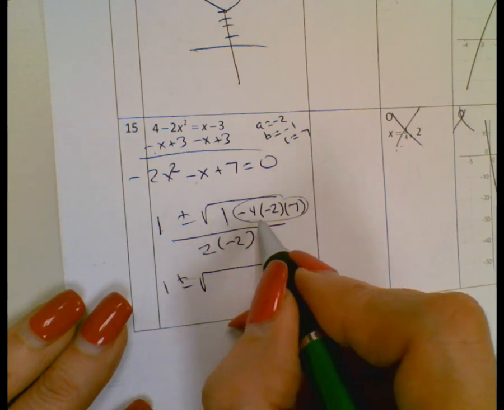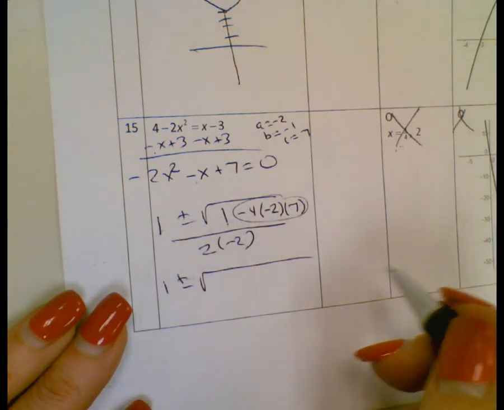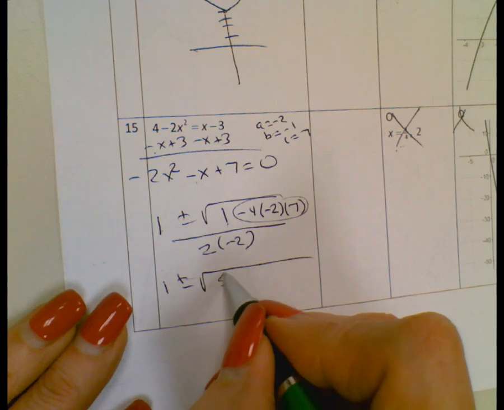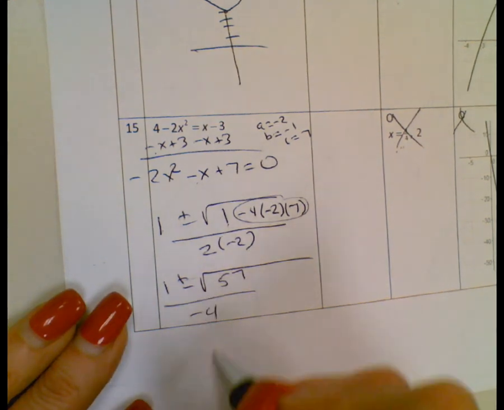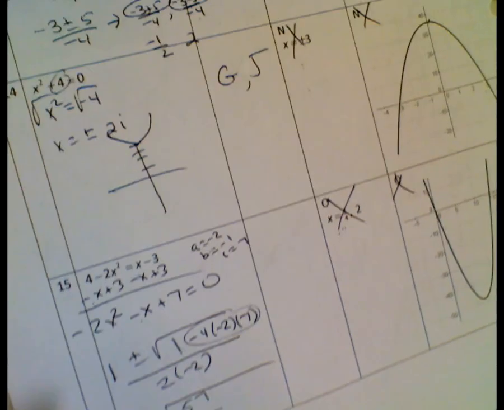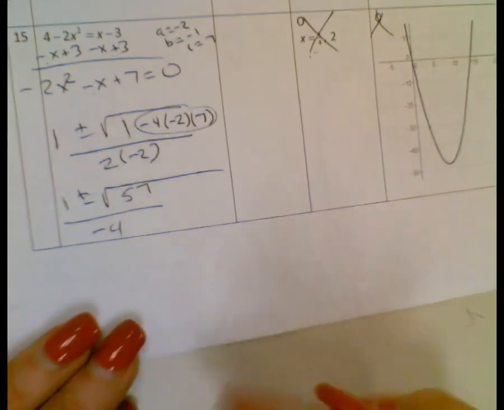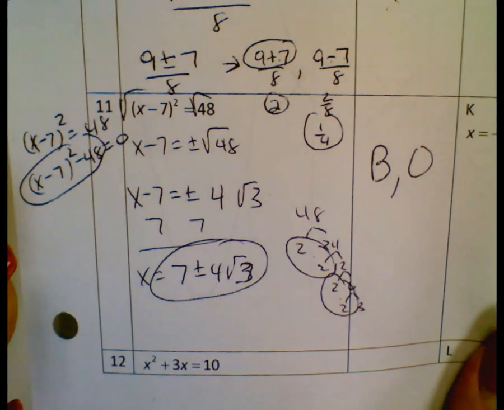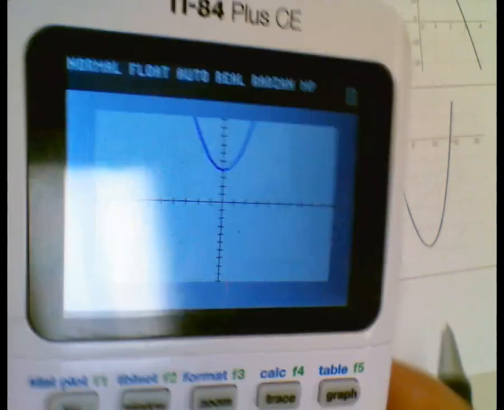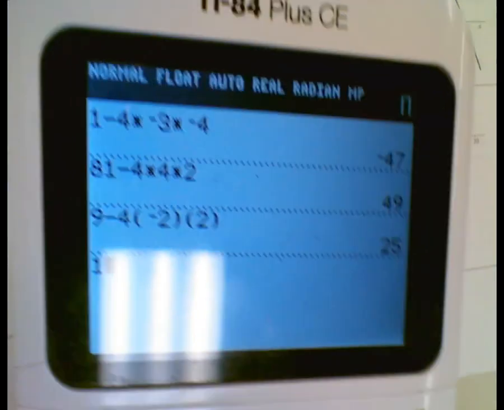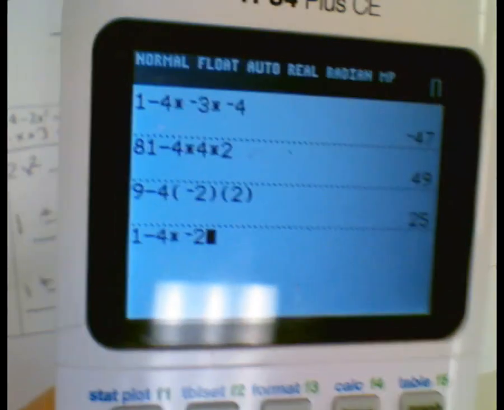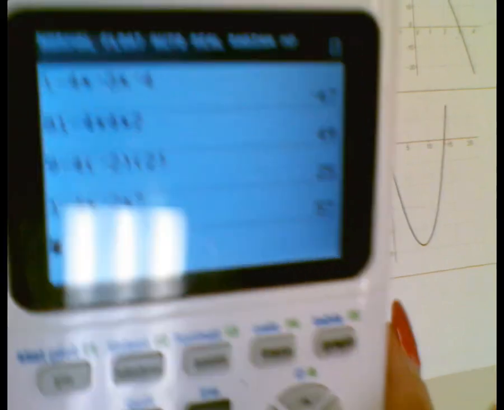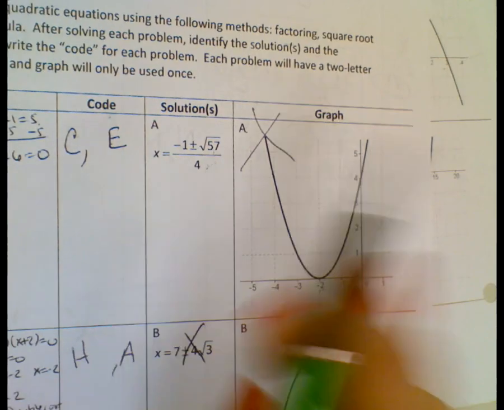This is 1 minus, I think it's going to be 57 over negative 4. I know 57, well, I guess you could simplify that, but what letter is left? Is there 57 anywhere? Oh, that's a 47. I better punch that in. 1 minus 4 times negative 2 times 7. It's 57. Oh, here it is. Look. It's right here. It's A.